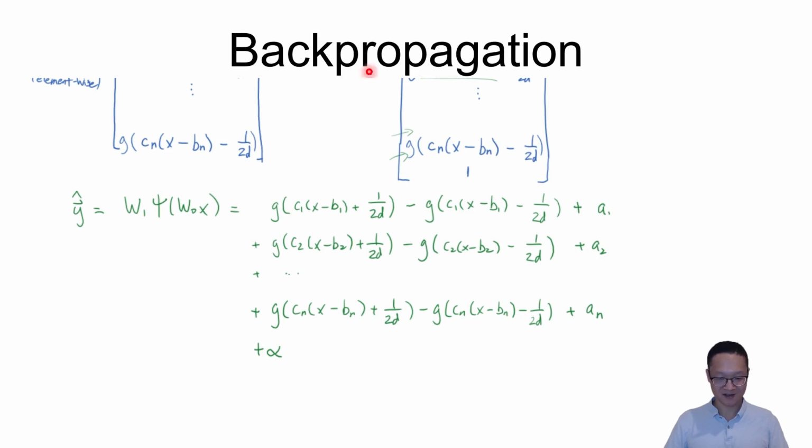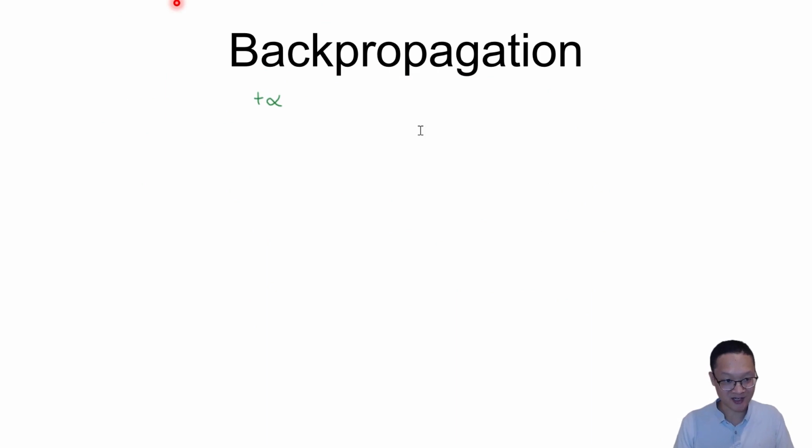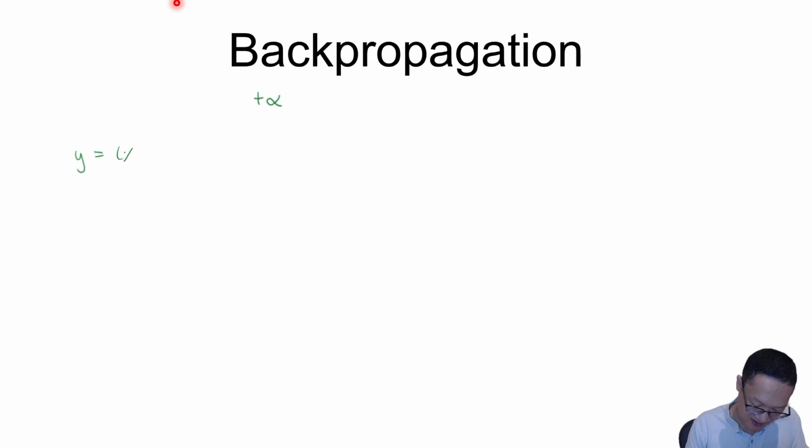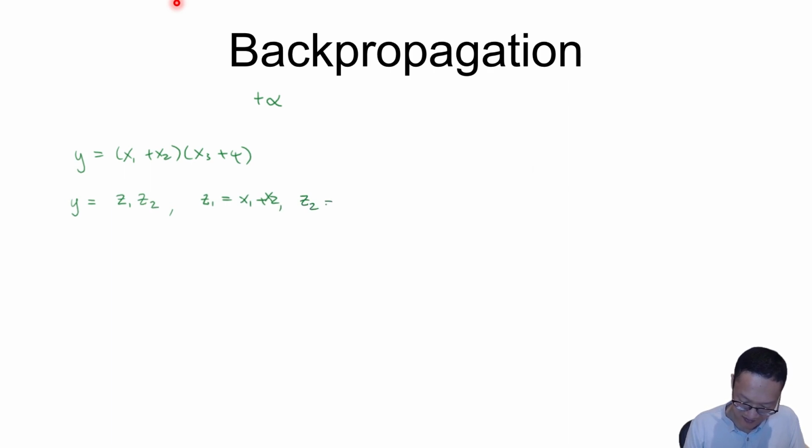Let's quickly review the multivariate chain rule. This is just a direct application of it. We have y equals (x1 plus x2) times (x3 plus x4). But let's put y in a format that is closer to the multivariate chain rule. So y equals z1 times z2, where z1 equals x1 plus x2, and z2 equals x3 plus x4.